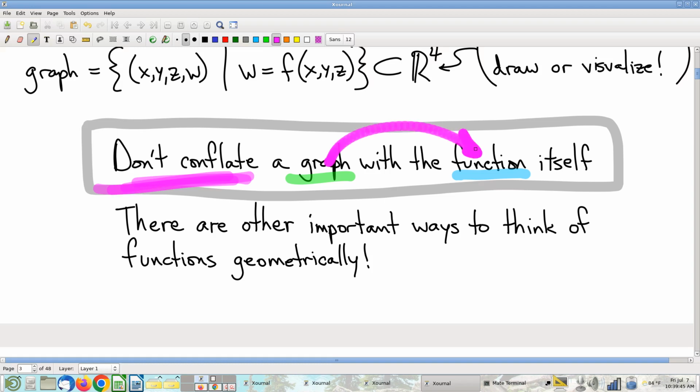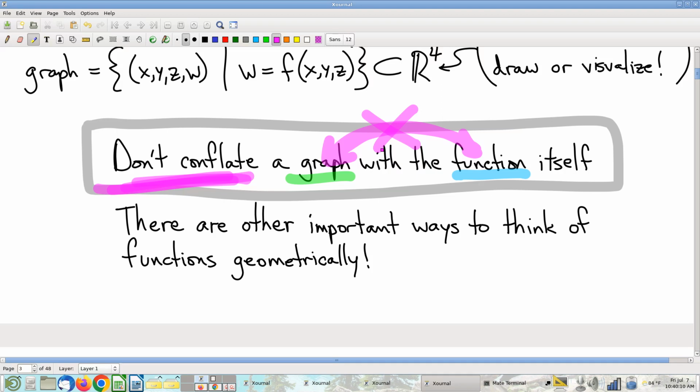These are different things. Don't blur the line there, because if you see a picture and you call it a graph, you're making a specific statement about what kind of picture that is. It might not be. So make sure to see the distinction between the function and the graph we use to understand the function in some cases.